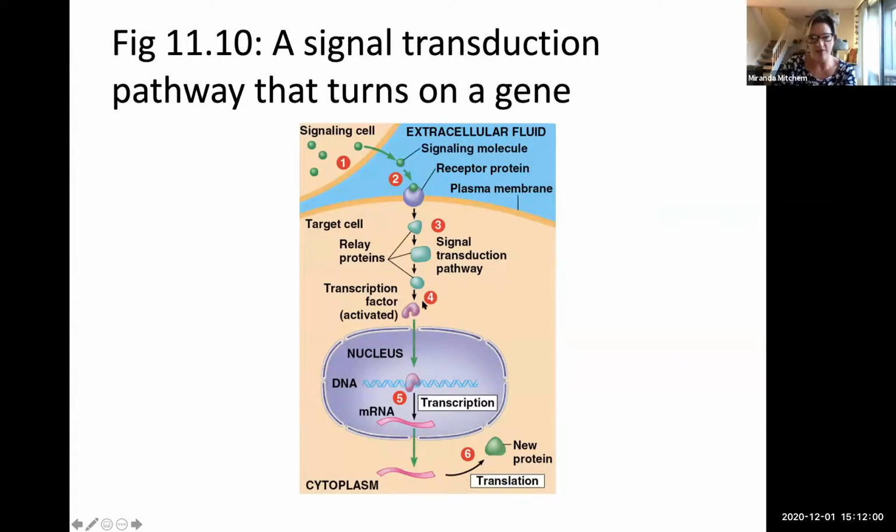So the transcription factor, once it's activated by the relay proteins, moves through a nuclear pore into the nucleus, where it is then able to bind to the DNA at a specific place. And that initiates the production of that messenger RNA molecule, which then moves out through a nuclear pore and is translated to produce this protein. So this is a signal transduction pathway that results in the production of a protein.